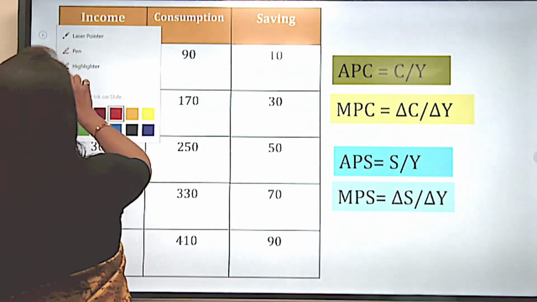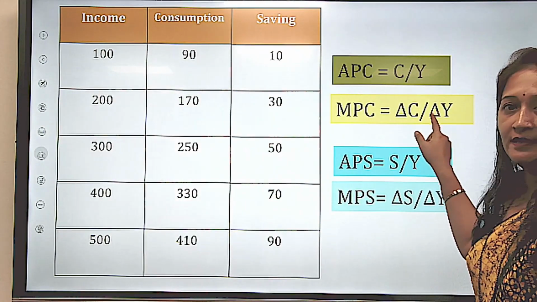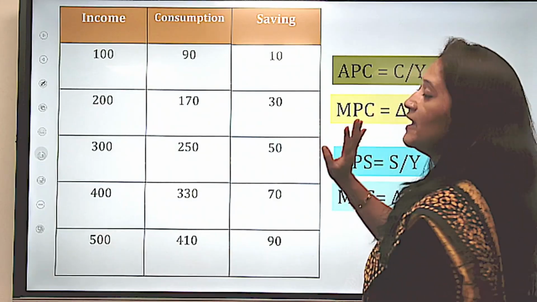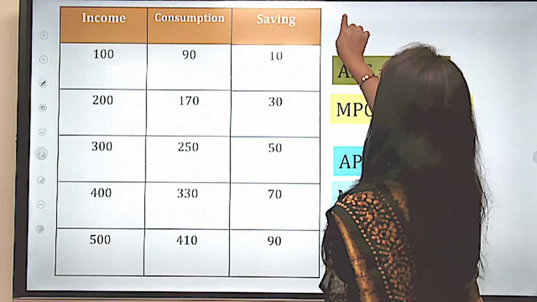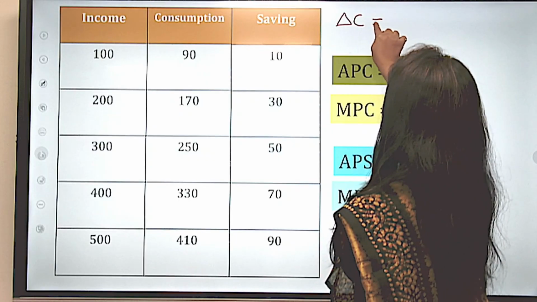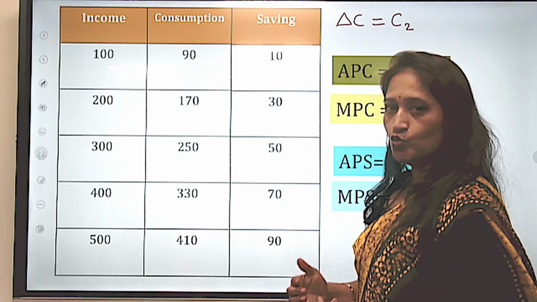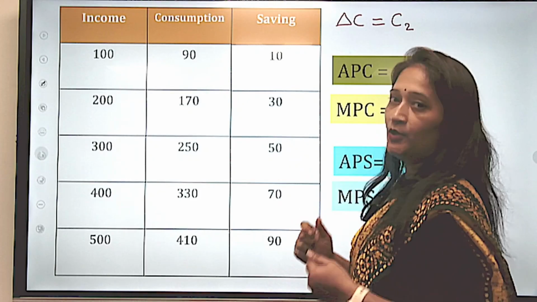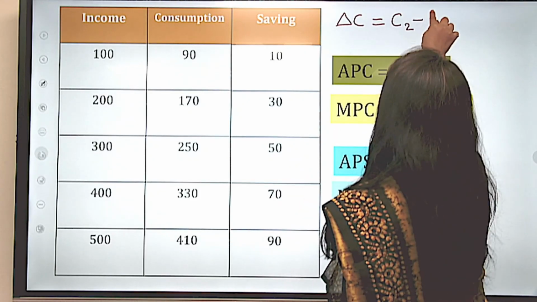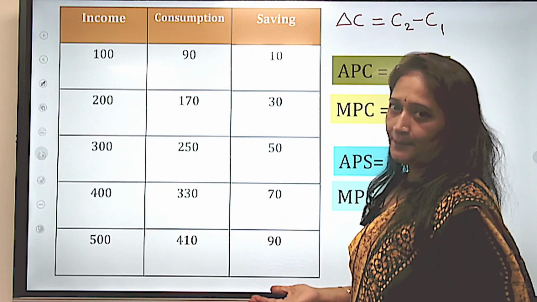So here, how do we calculate change in consumption and change in income? For that, the formula is very simple. Change in consumption is nothing but current consumption, let us say C2, our current consumption of period 2, minus the last period's consumption, that is C1.